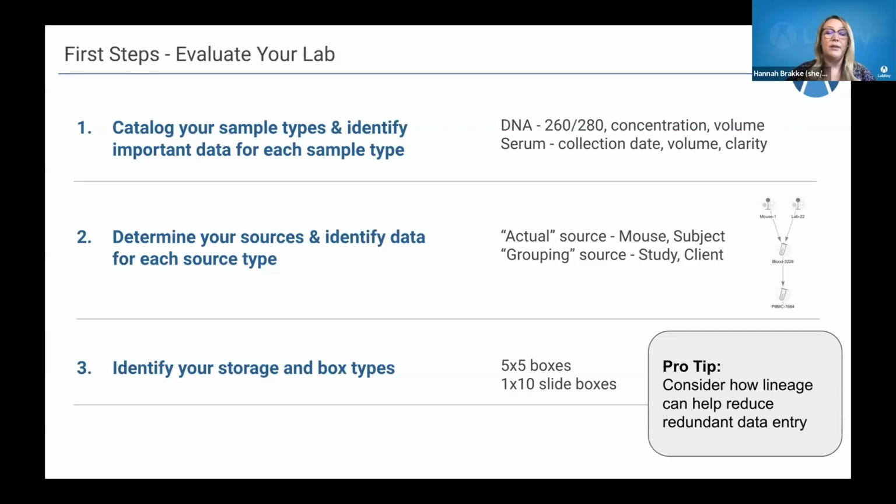We saw from Gwen that plasmids are being captured, or DNA. You may have other types of samples within your lab, depending on the type of science that you do, of course. Maybe DNA samples or serum or plasma or rocks or trees or pieces of plants. All of those things are available to you to customize within Sample Manager.